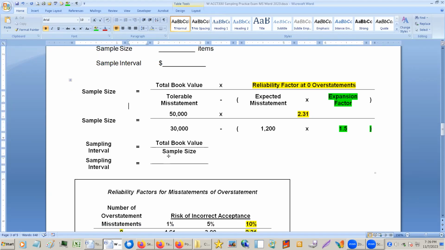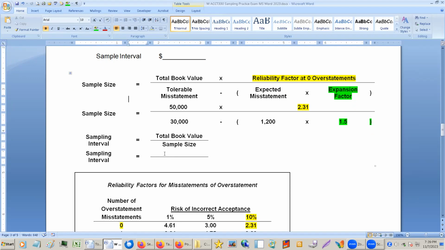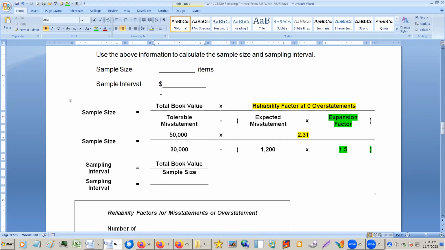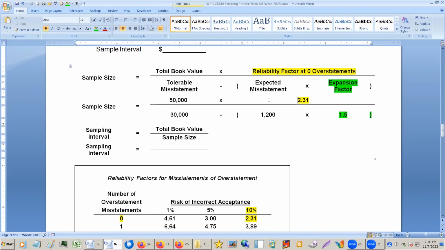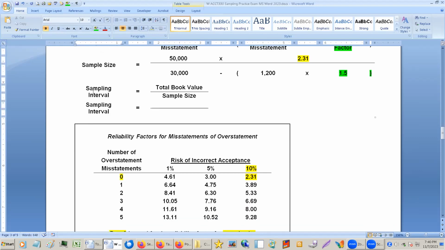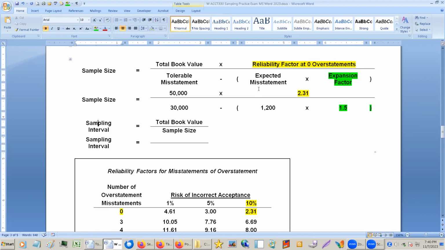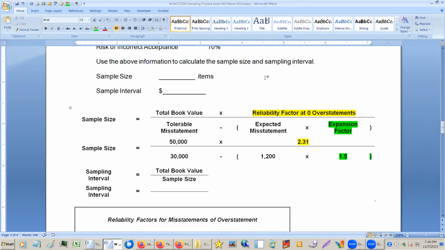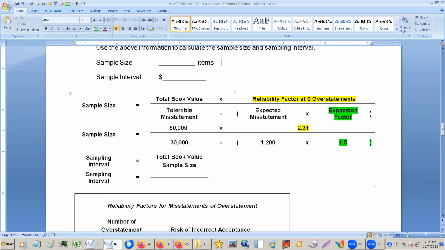Let's look at the exam and see if I did it differently. Okay, let's put it up here like this. So 2.31 times 50,000.